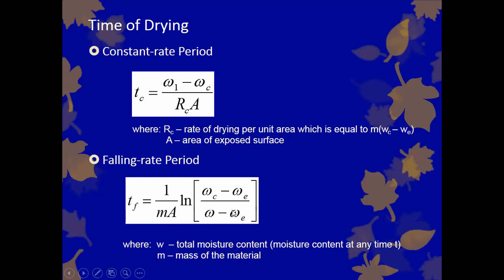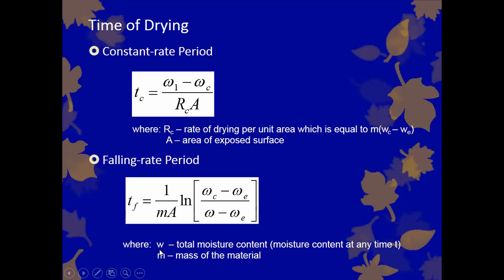It would be based on this formula. Anyway, we have already defined the W's, and M is the mass of the material, and the W without any subscript is the total moisture content, which is the moisture content at any time t.